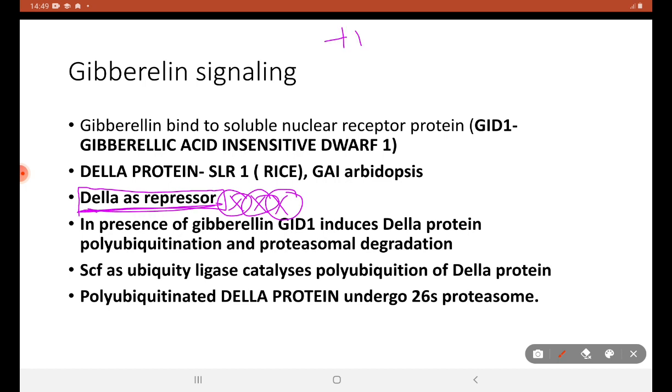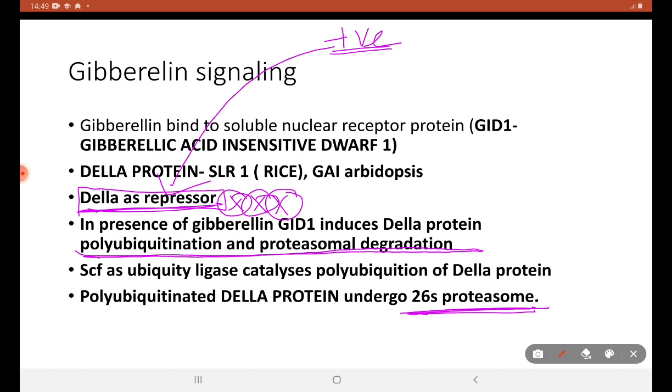If gibberellic acid is present, they will induce polyubiquitinylation mediated proteasomal degradation with the help of the 26S proteasome. This is induced by ubiquitin ligase with the help of the SCF complex.